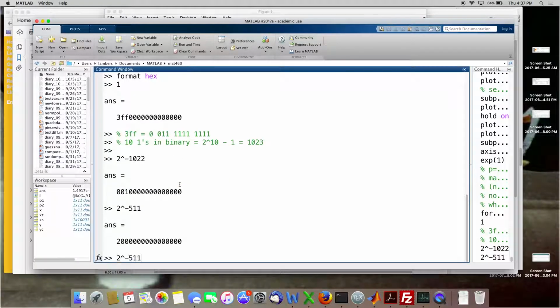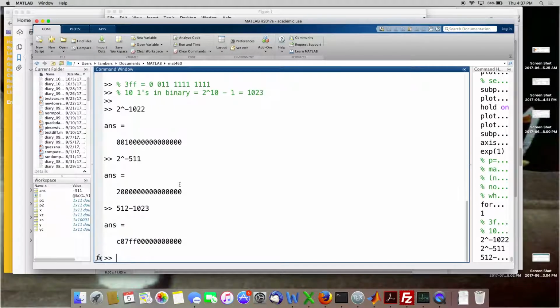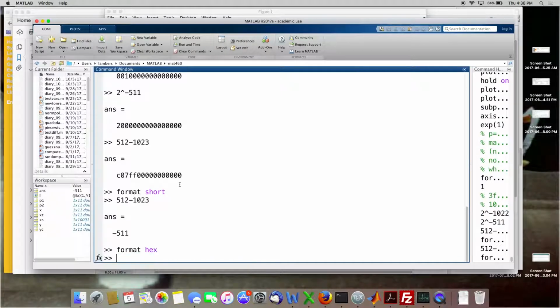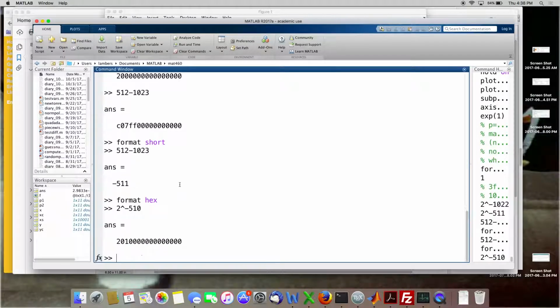Oh, just missed. I need the actual value of that. Sorry, I just had to find out what would get me 1 followed by all zeros.